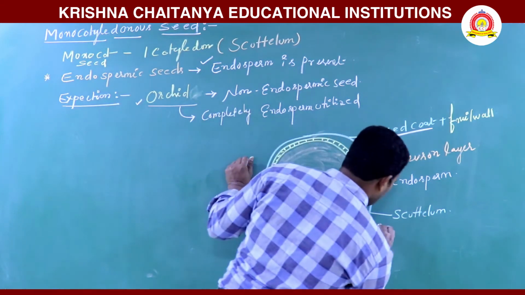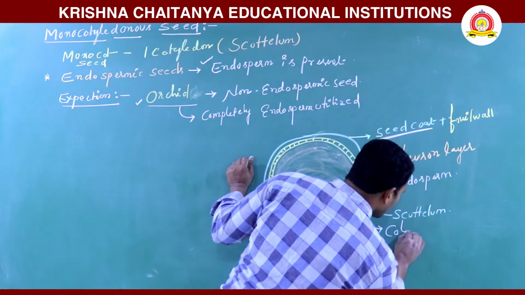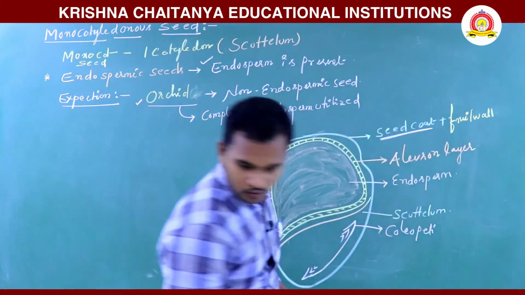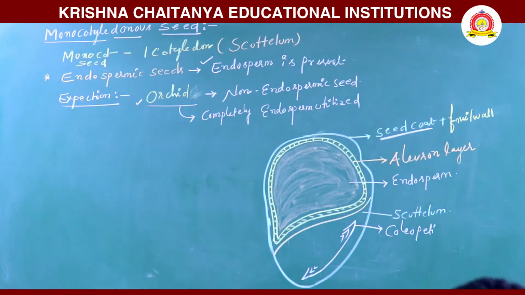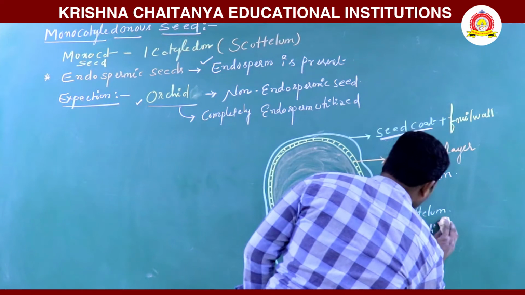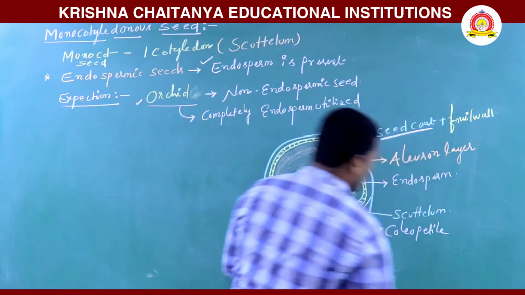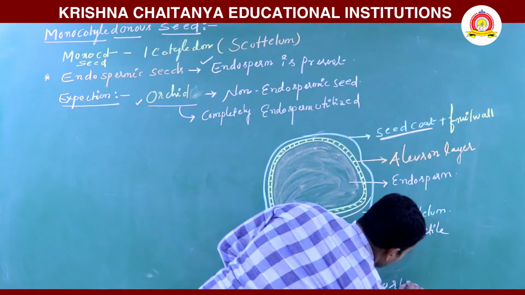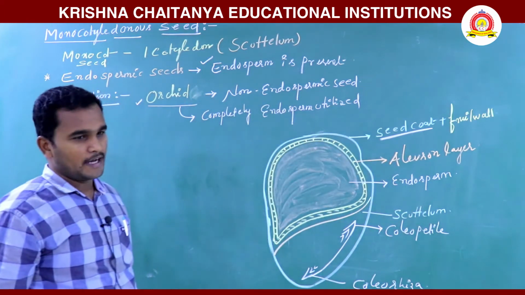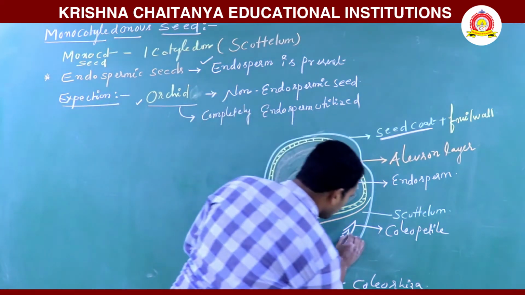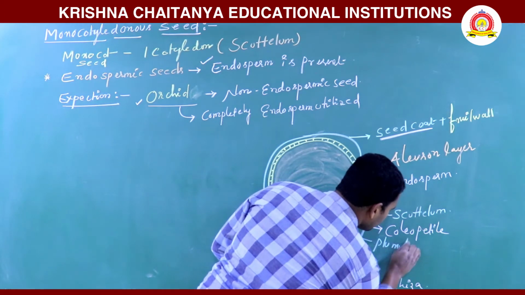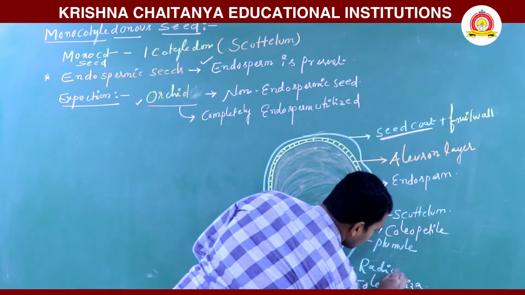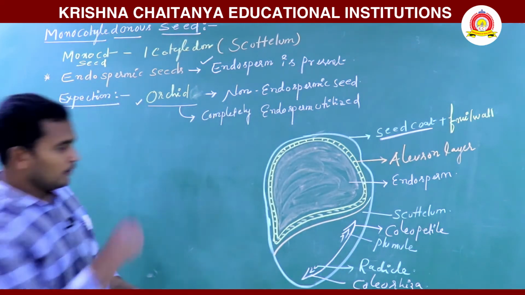And this is called the coleoptile, and another one is called the coleorhiza. The coleoptile generally covers the plumule, and the coleorhiza covers the radicle.